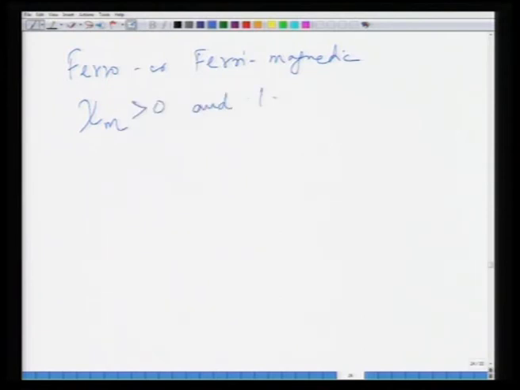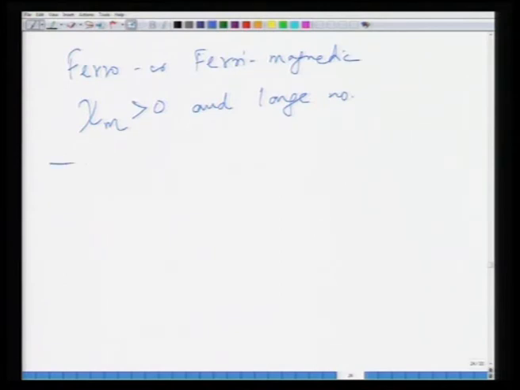And then of course, what you have is the ferromagnetic, ferro or ferrimagnetic, and these have chi m greater than 0 and a large number.